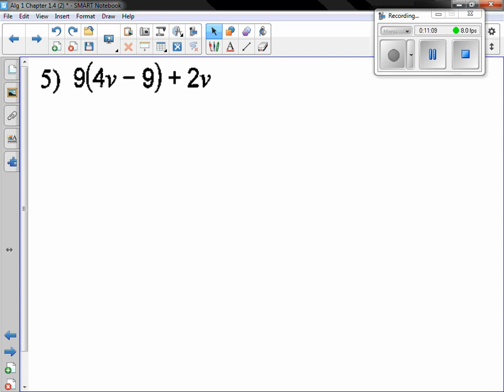Question? You just missed this one right here. So when we do this, we'll do 9 times 4v, because you have that here. Minus 9, and we'll multiply it by our 9. 81. Plus 2v.